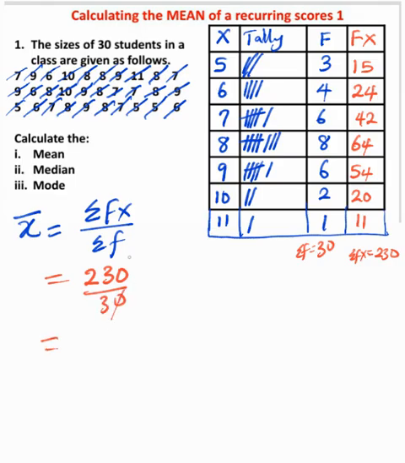Now we have these zeros stricken out, and when we divide 23 by 3, we're going to have 7.6666 to infinity. So we're going to have approximately 7.7 as the mean of this distribution.